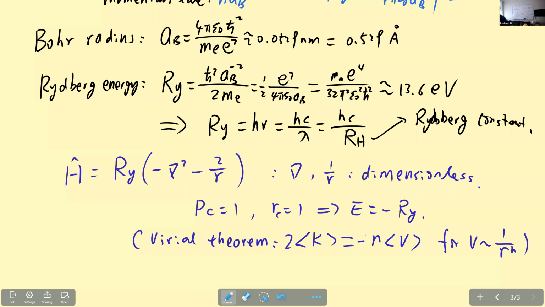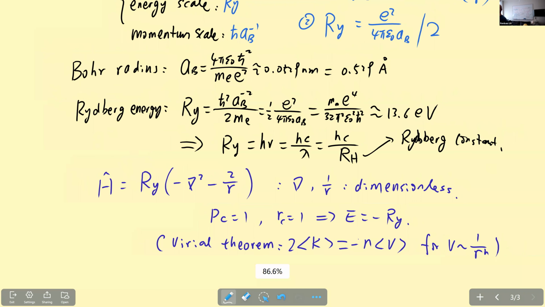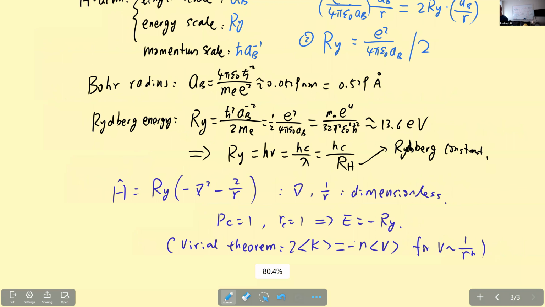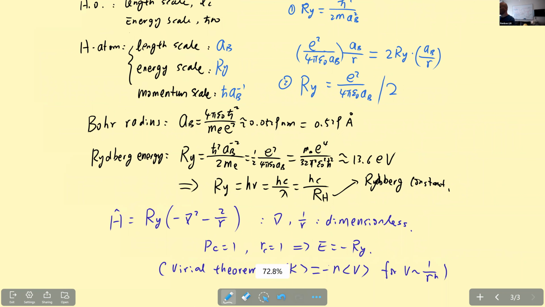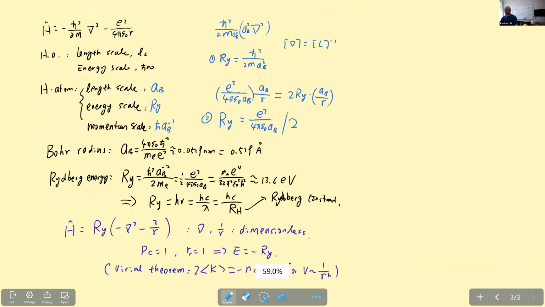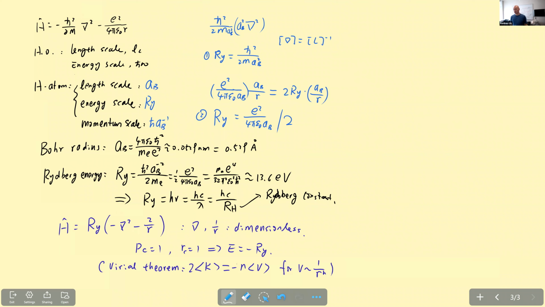So that is the energy scale. This energy scale defines everything that we are going to discuss later. Once we say anything about quantities, always keep in mind what the length scale is and what the energy scale is.